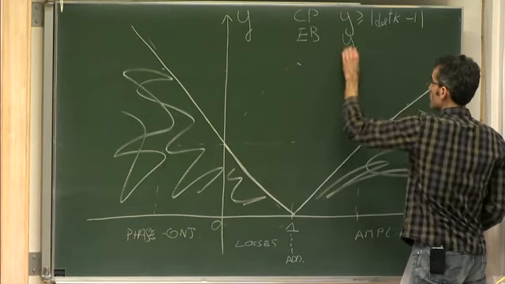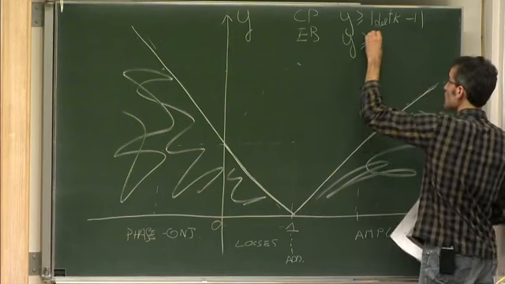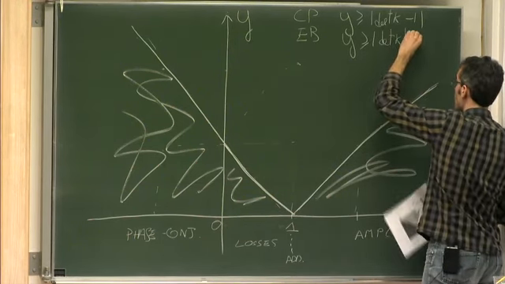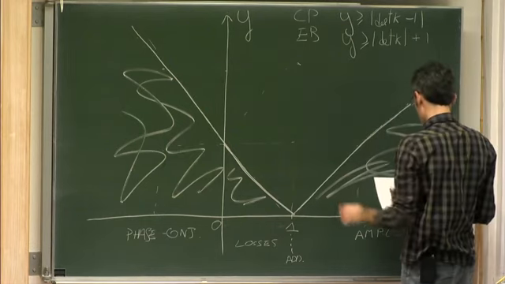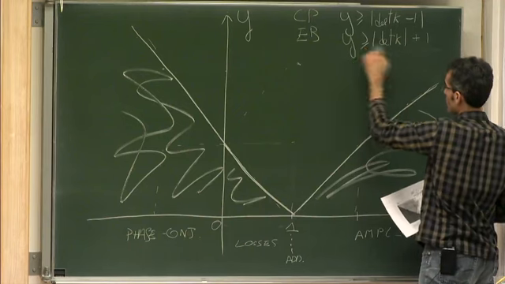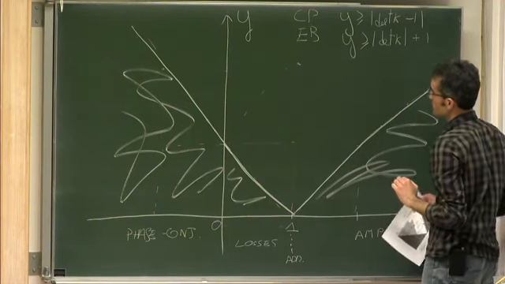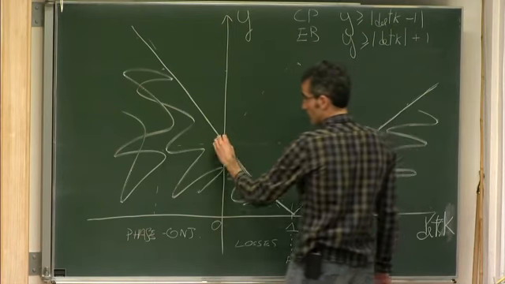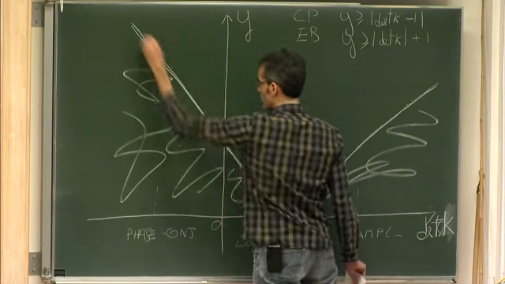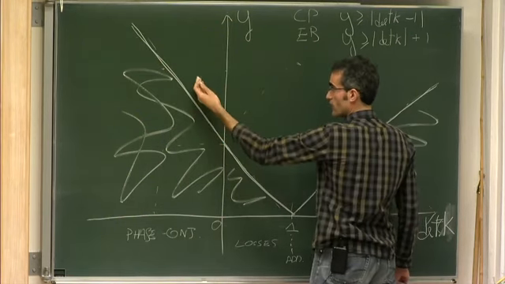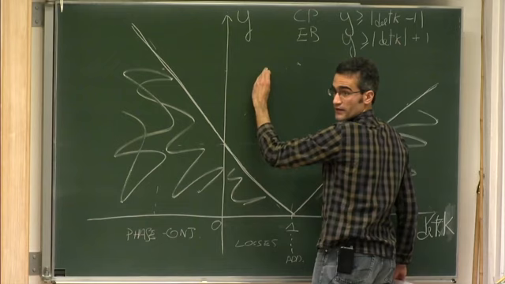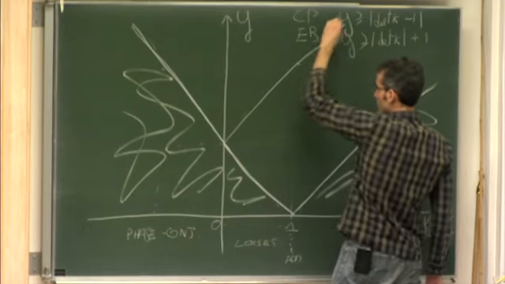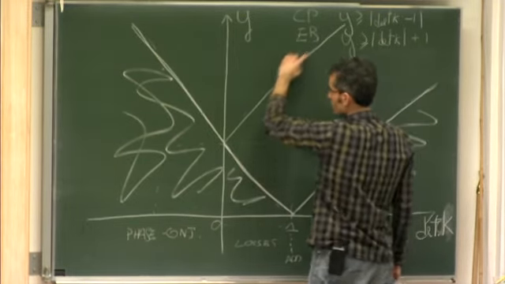And you have these conditions: the absolute value of the determinant of k plus 1, so y has to satisfy this condition. As I say, these channels are entanglement breaking, and there is always a mirror channel on the other side that is also entanglement breaking. So this condition here gives me this boundary.